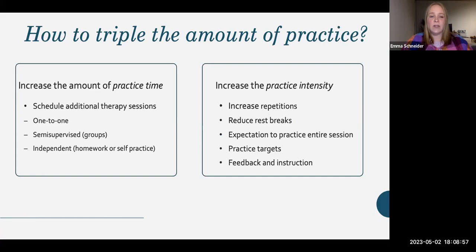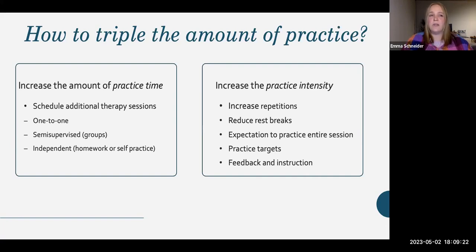Or there's even independent or self-practice where homework is set, the person's trained to complete that homework, they go away, they do that self-practice, and then they come back and that record is checked to determine that the practice was completed. So there's different ways that we can schedule practice time, and obviously group semi-supervised practice is one of those methods.